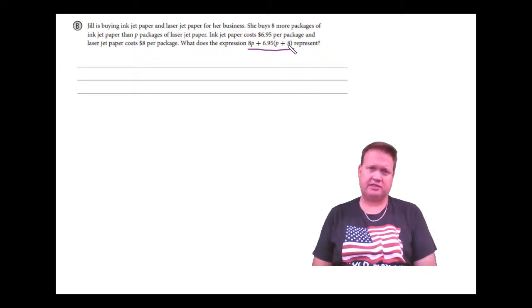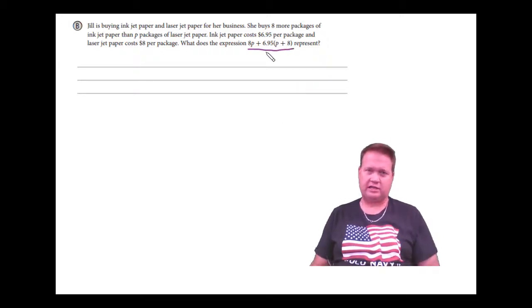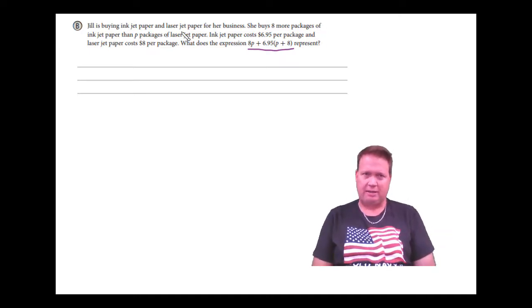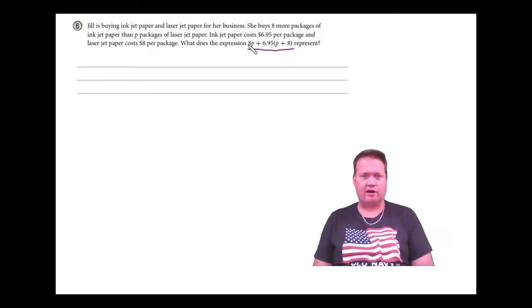But then I see in parentheses P plus 8. So let's read the problem and see if we can make sense of this. Jill is buying inkjet paper and laserjet paper. So there are my two different things I'm buying. One of them is P. This time the other is P plus 8.